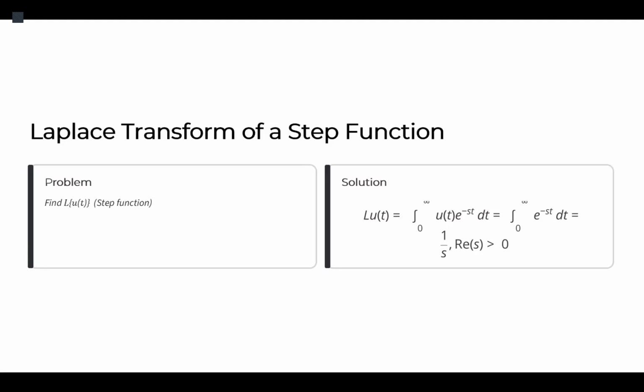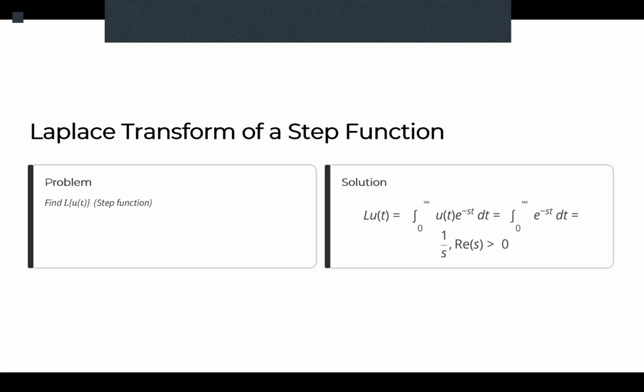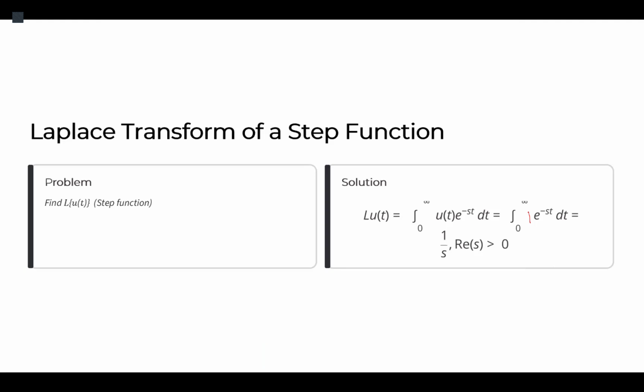So instead of u(t) here, we replace that with the value 1. That's why you can see u(t) is eliminated: we don't have any other function when we talk about the step function from 0 to infinity.